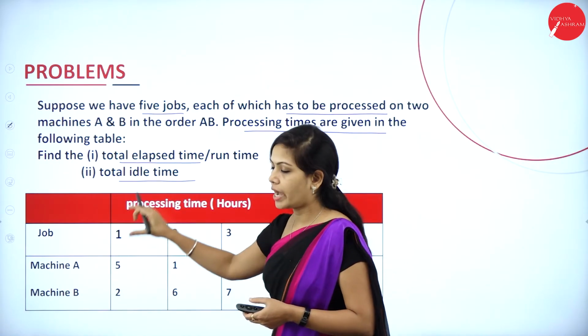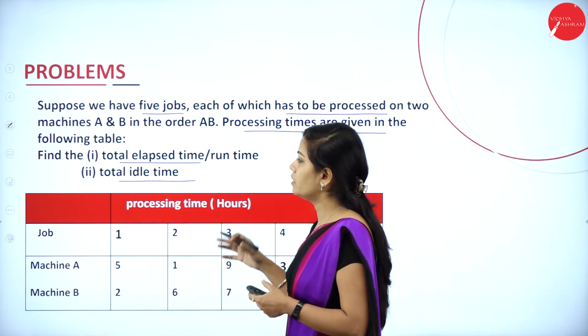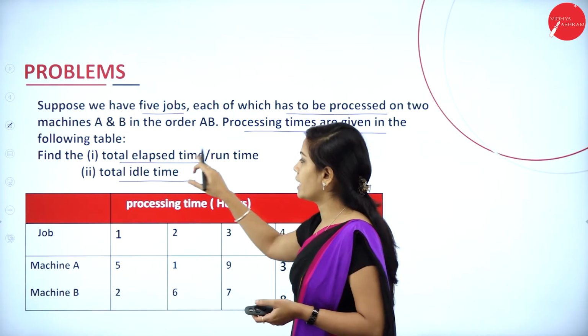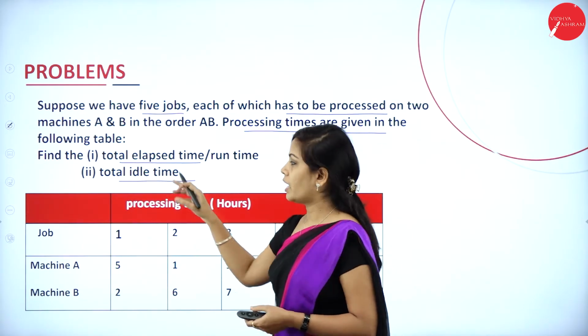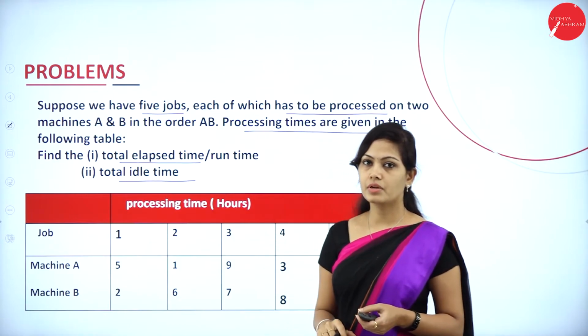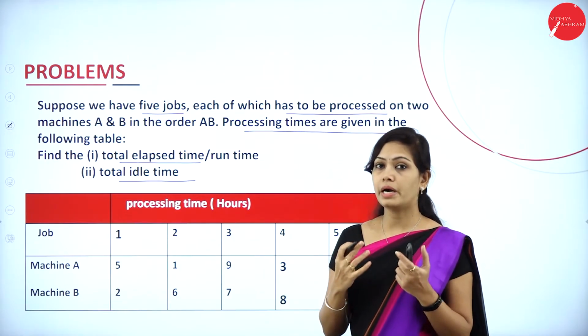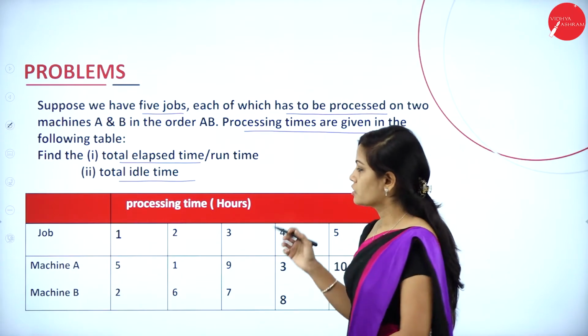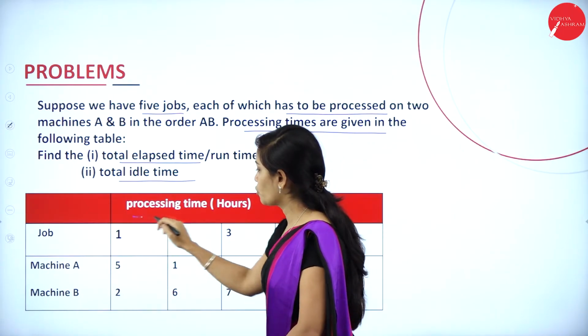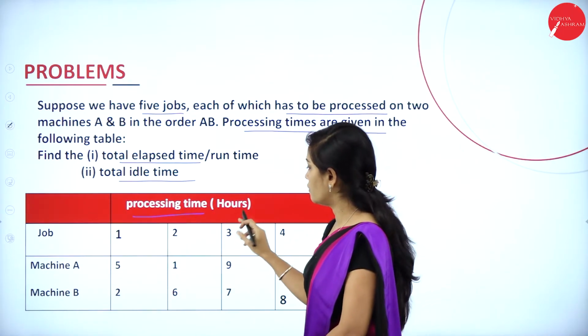So here you have one table. By using this table, we can easily find the total elapsed time, that is run time, and total idle time. Clear? So how to solve this? By applying Johnson's rule. Processing times are represented in hours.